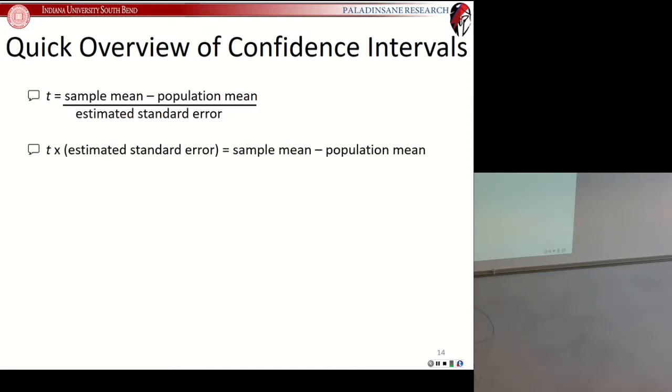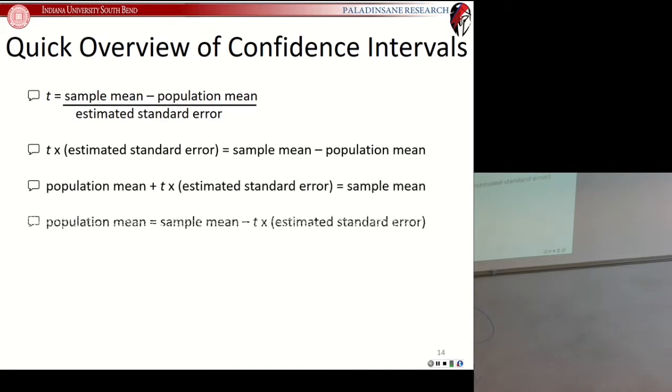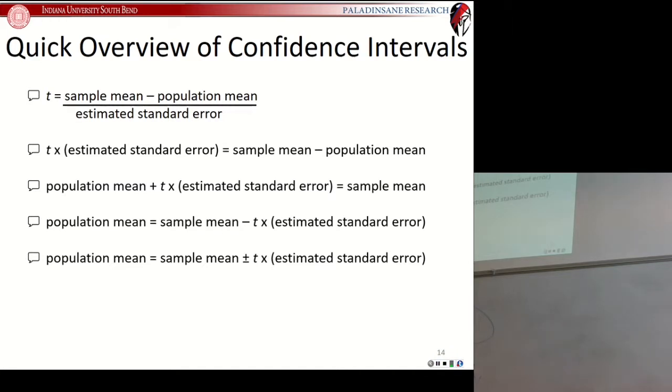So we did a little cross multiplication. We brought population mean over to the other side, changed the sign. We brought t times the estimated standard error to the other side, changed the sign. And then because the t-statistic is 2 tails, it's plus or minus, we just change that to plus or minus. And then that is the formula for the population mean estimate. It's your sample mean, that's always your best guess, plus or minus a certain range. And that range is determined by your t-statistic, which determines how big your tails are, multiplied by your estimated standard error.